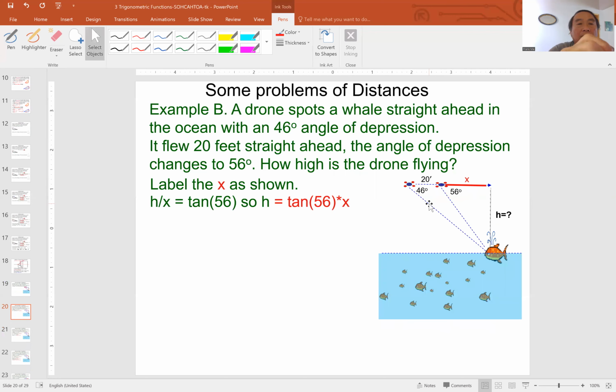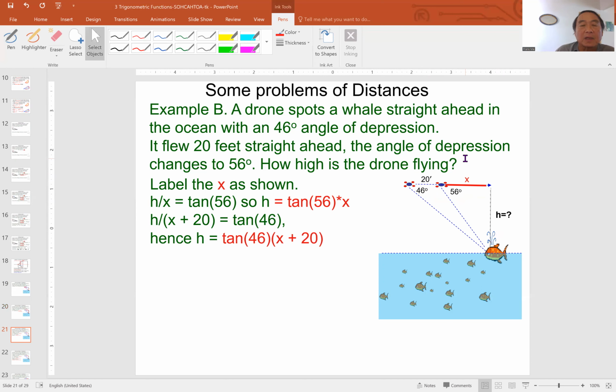Well, first I can use tangent again: h over x is the tangent of 56 degrees, so I can solve for h. Then, looking at the first 46 degree perspective, the tangent of that is h over x plus 20. So tangent of 46 equals this, and I can solve for h.